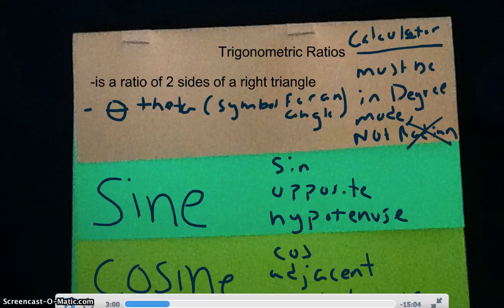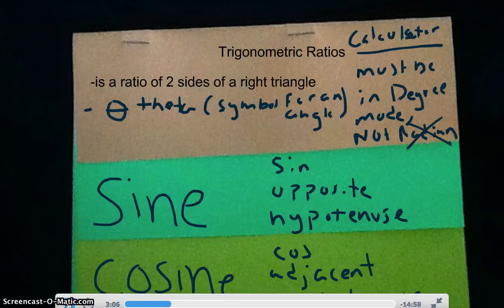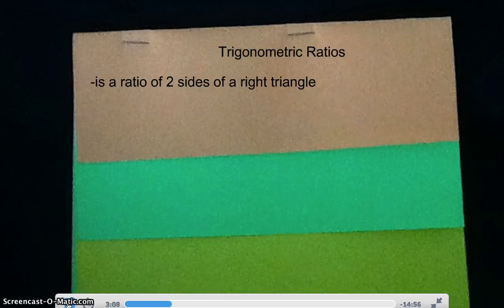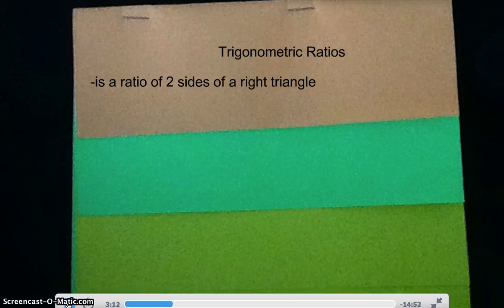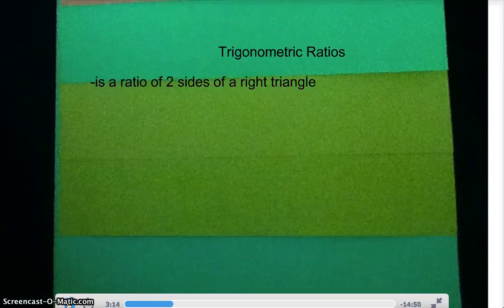Press pause because I'm going to move this, I'm going to erase this. Alright, so the third one and fourth one.